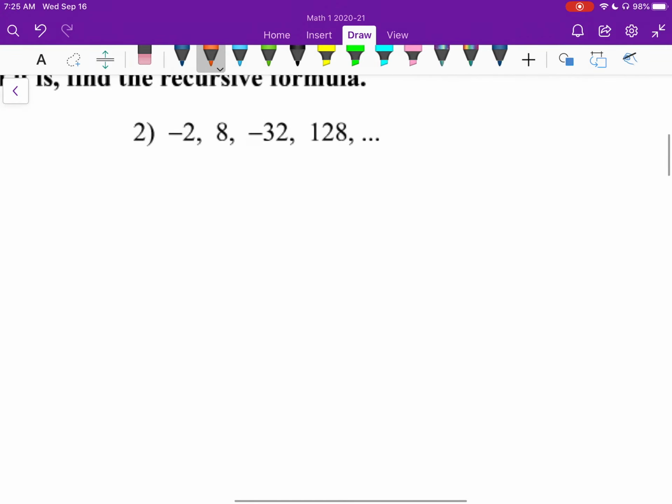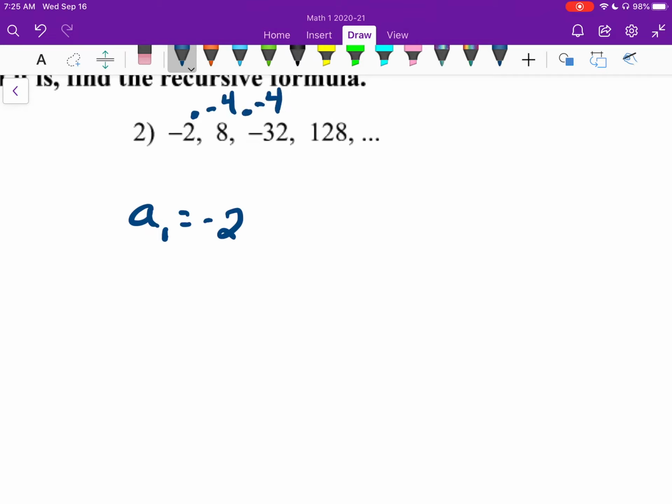All right, number 2. Our first term is a sub 1 equals negative 2. Now let's see what we have to do to get to each term. From negative 2 to positive 8, I'm going to multiply by a negative 4. From 8 to negative 32, I multiply by negative 4 again.